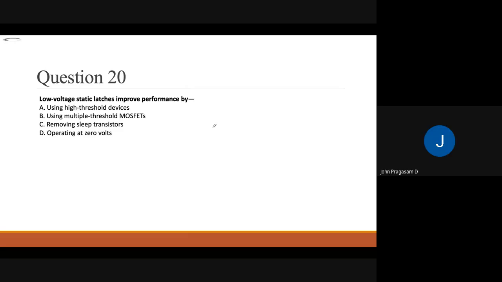I think option D, ma'am. Yes, option B is the right answer, using the multiple threshold MOSFET.